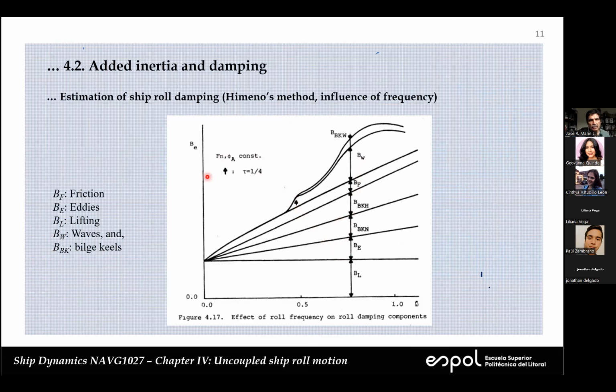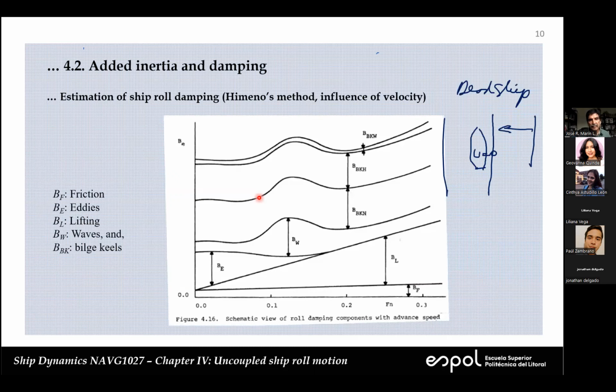Something which is very important here is that this parameter is a function of the frequency. For this specific value, we have a jump in wave. Remember, let me go back here. You see here that for a certain value of the frequency, we have an increase in wave generation.